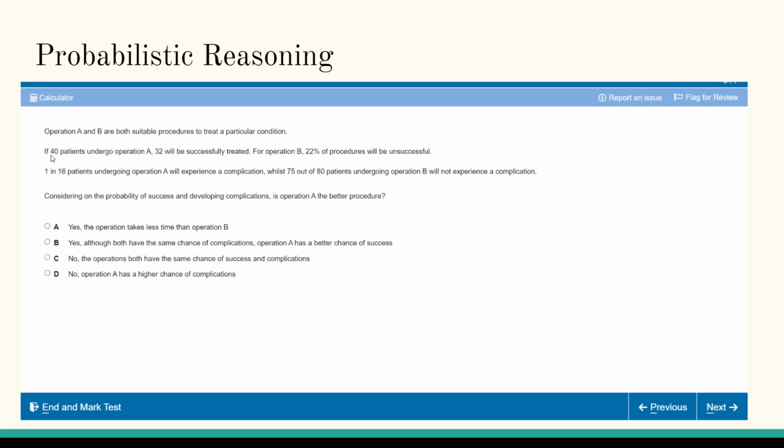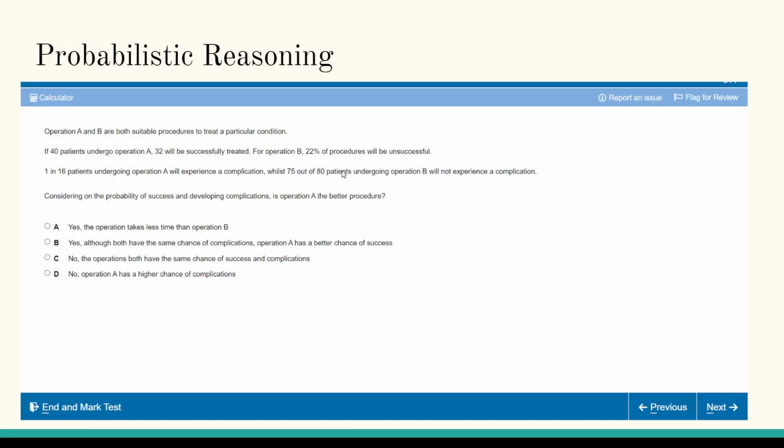We know that as we worked out what 32 over 40 is, so this is most likely the answer. No, the operations both have the same chance of success and complications. We know this is not true as they do not have the same chance of success. And for the last one, no, operation A has a higher chance of complications. Well, we don't know that, but to be sure, we could check.